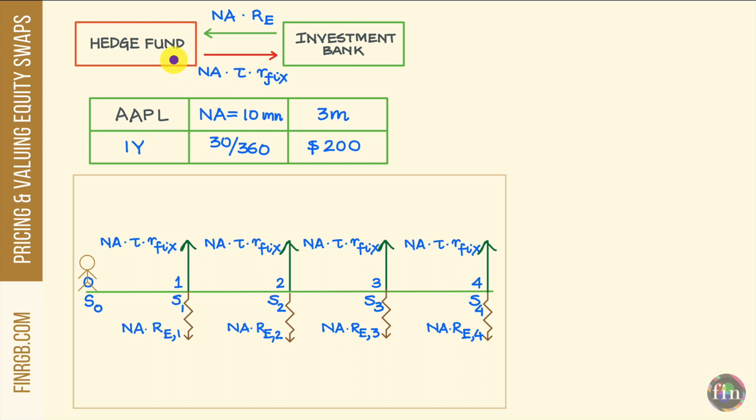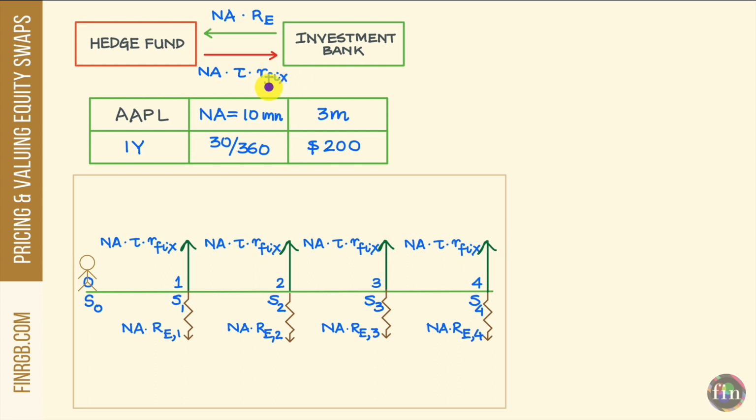That means the swap starts out as a fair swap to both parties involved. Now in this video, let's dig deeper into what sort of calculations this investment bank would have done to arrive at this value of R fix, which is equal to 1.8% per annum.